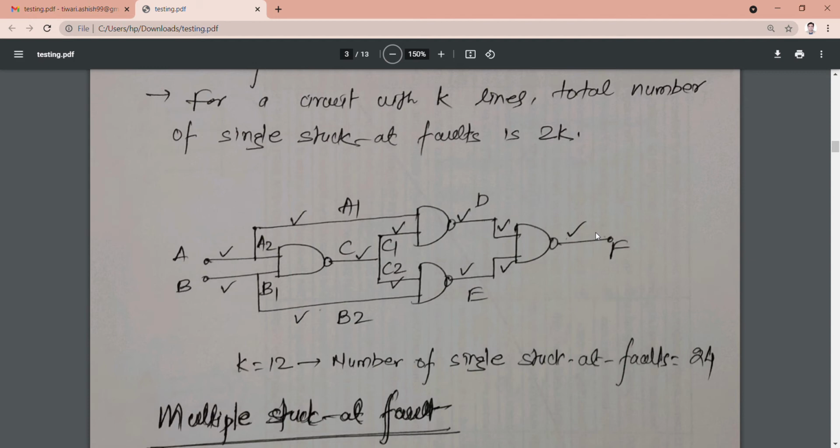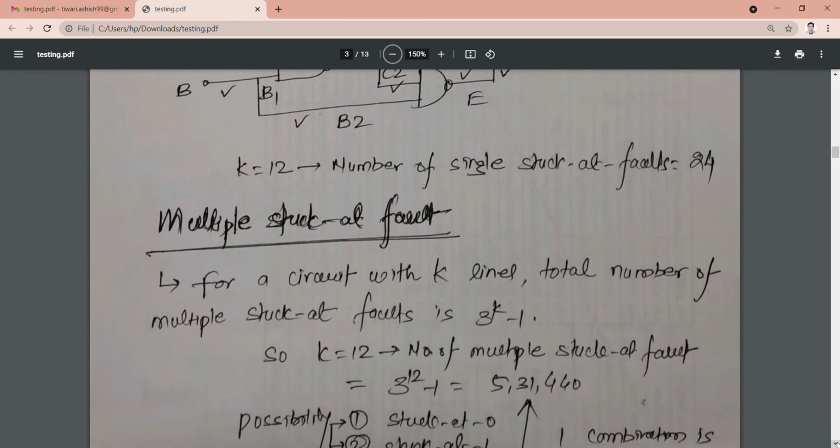Each can be either stuck at 0 or stuck at 1. So 12 lines and 2 fault types: 12 multiplied by 2, so this circuit can have 24 faults. This is how the stuck at fault model works.